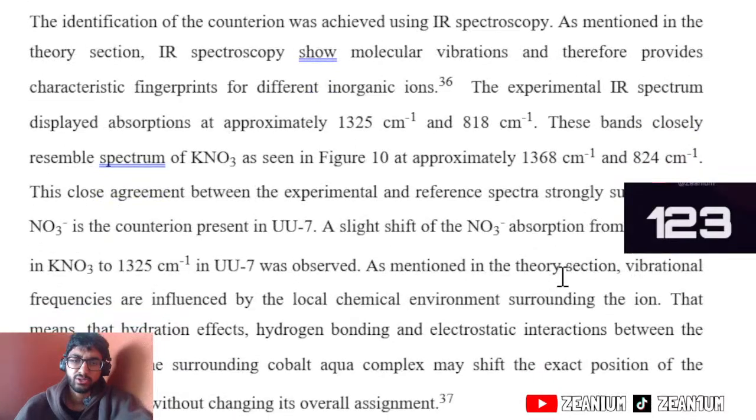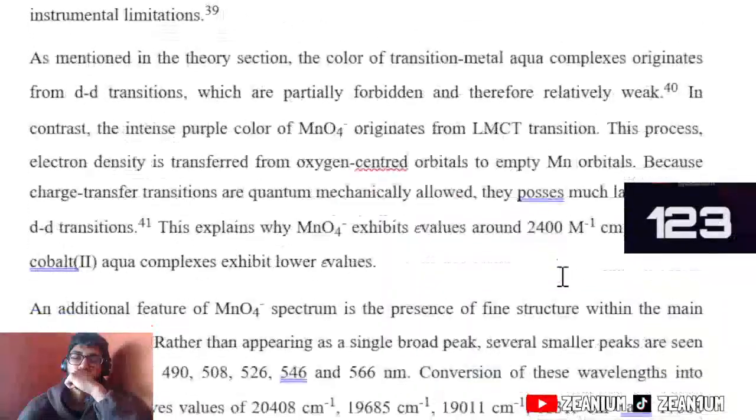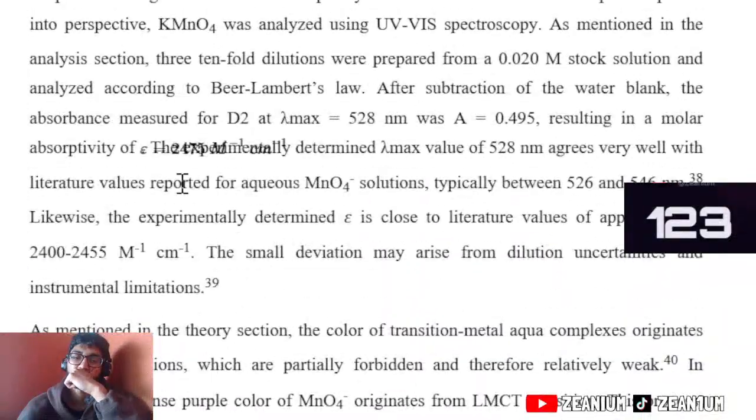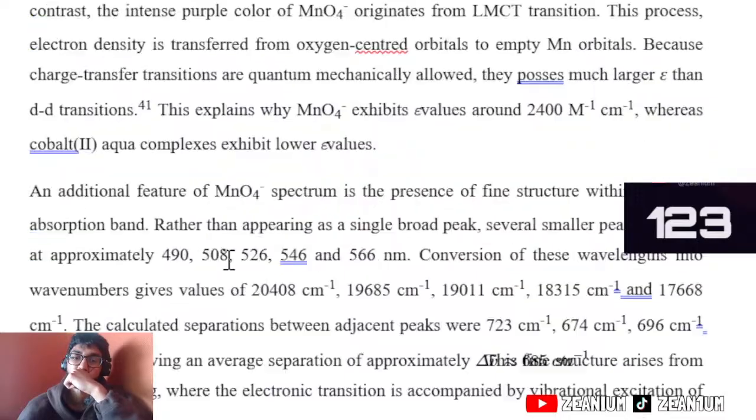The identification of the counter ion was achieved using IR spectroscopy, as mentioned in the previous session. Figure 10. What is going on here? And here, this is like a party going on.